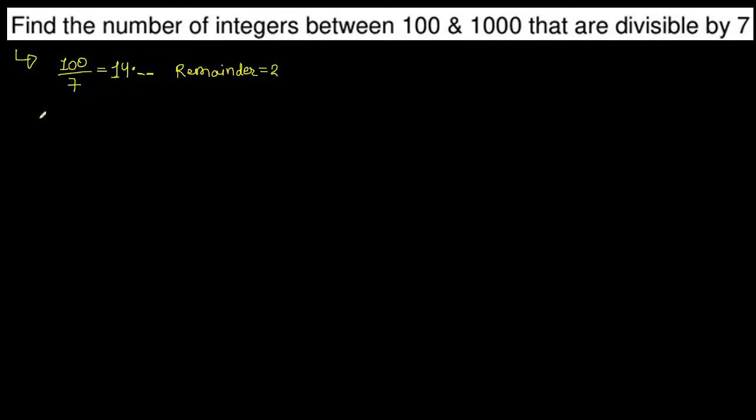So we can say that कि T1 term is going to be 15 into 7, which is 105. So first term is going to be 105.